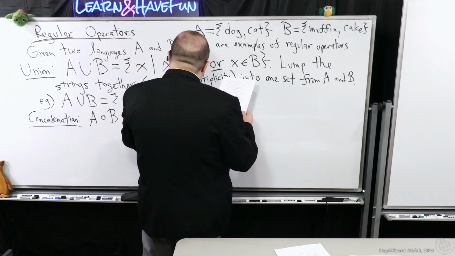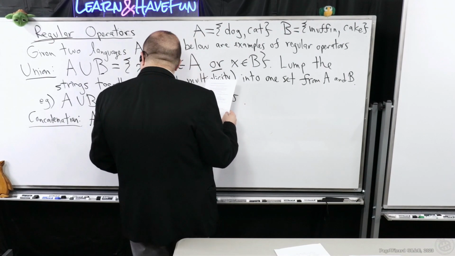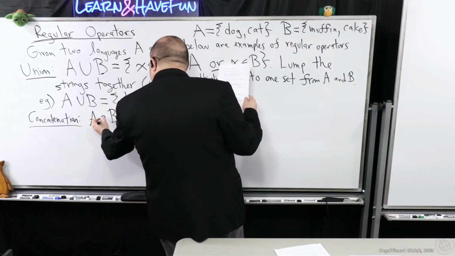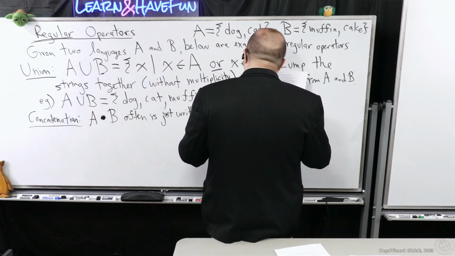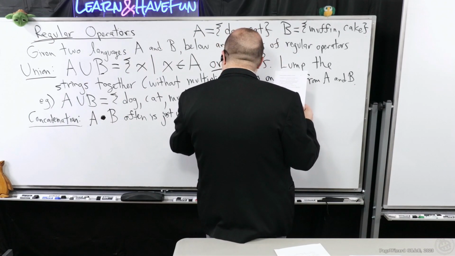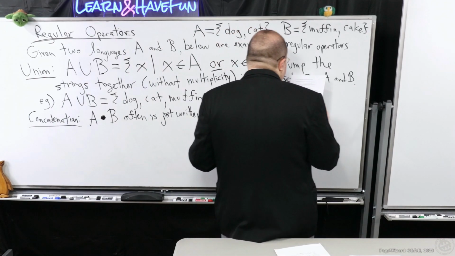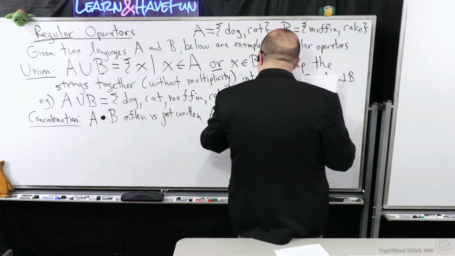It could be the hollow dot. It could be a solid little dot like multiplication. Often it's just written as AB, just A and B right beside each other, whenever clear.